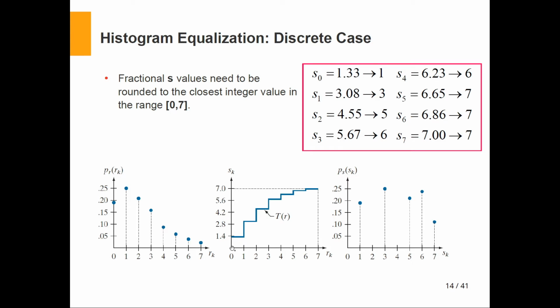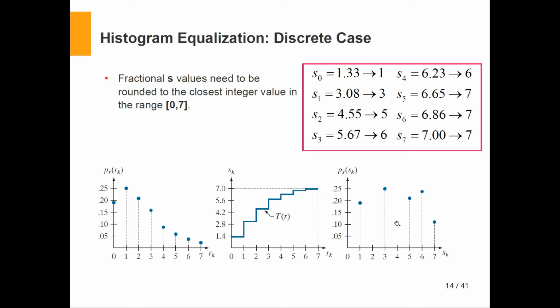For example, 0 will be mapped to 1.33 as it's shown here. 1 will be mapped to 3.08 and all the way to 7. But this is before rounding the values. After we round the values and draw the normalized histogram of the output image, we have a histogram that looks more like this.